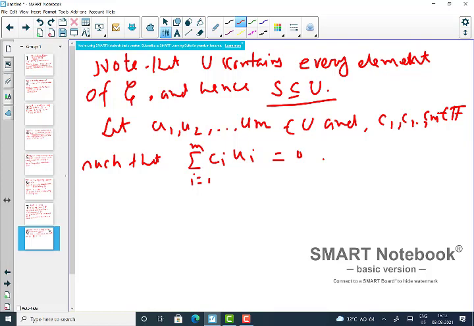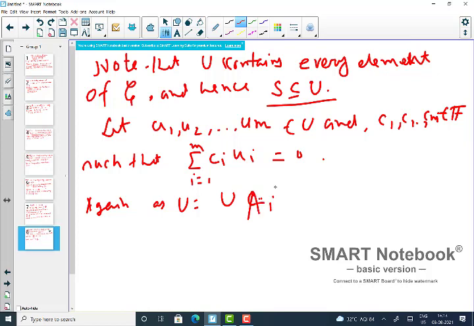But before that, you check that u1, u2, ..., um are elements of U, which is the union of all elements of C. So what does that mean? That means every element u1, u2, ..., um will be inside some element of C, right? Again, as U is the union of the ci's, okay, there are too many ci's, so let me write down some different symbols.